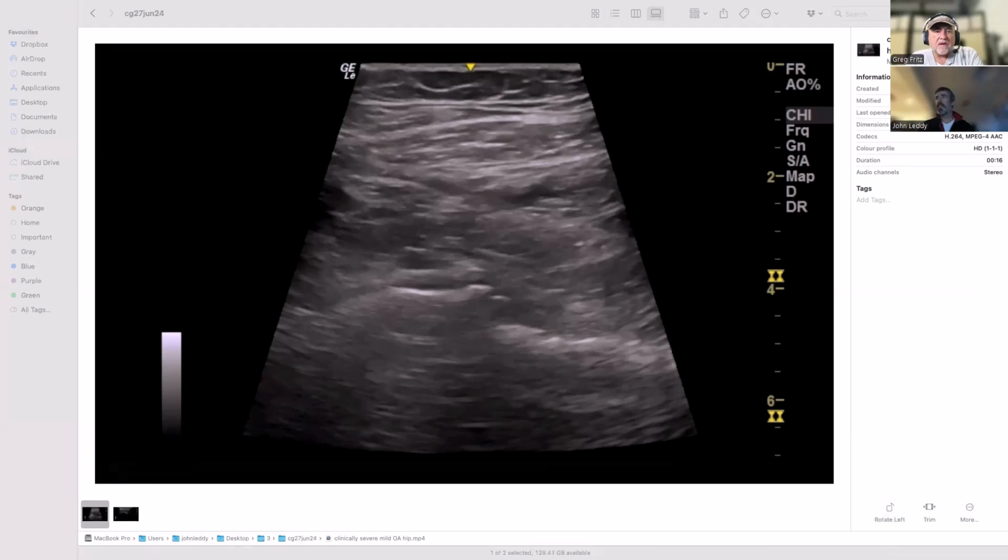If I go glenohumeral joint OA, let me just make this bigger. Okay. Do you think that these head of the femur osteophytes are secondary to some compressional irritation from FAI, like pincer impact?